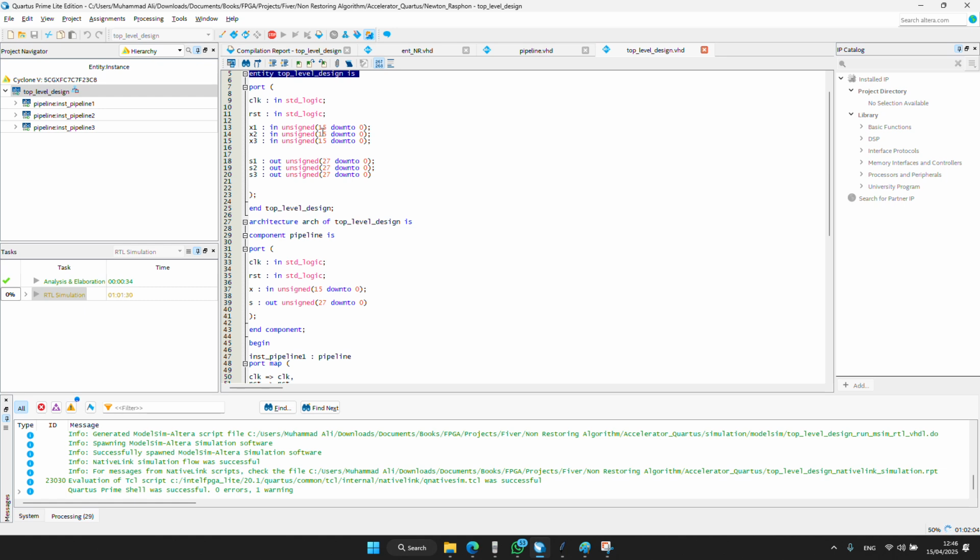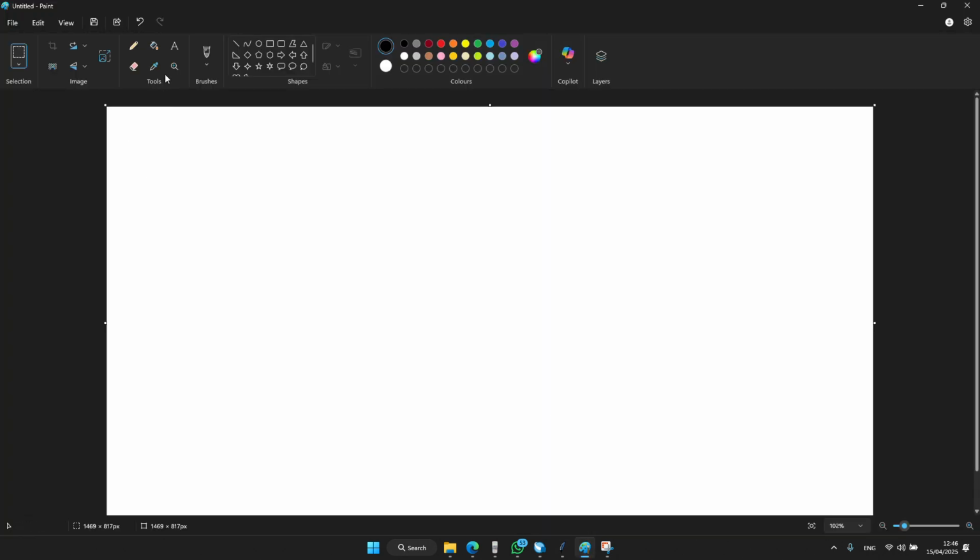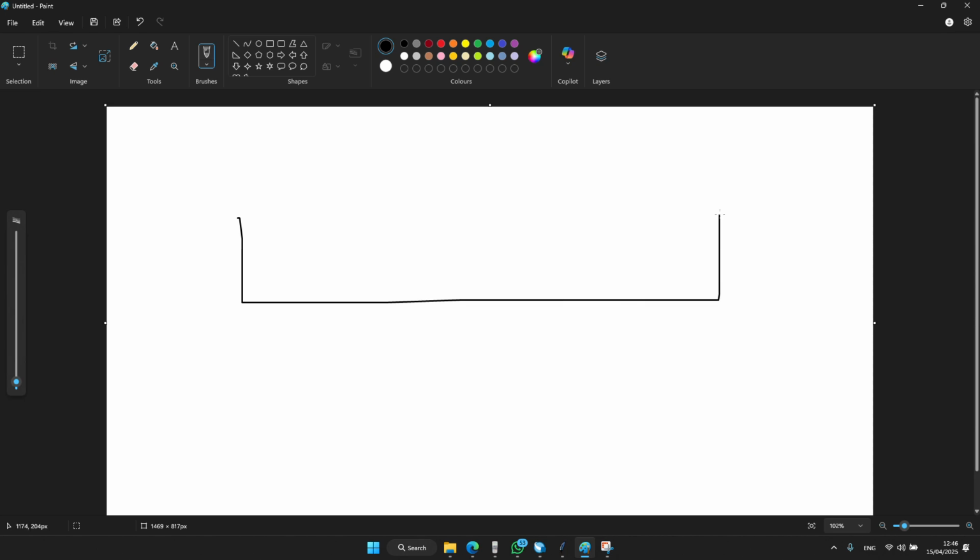The input is 16 but the output is 28 bits. So let me put up a marker: we are currently working with 28 bits. Now we have to find out how many bits are fraction and how many bits are integer.